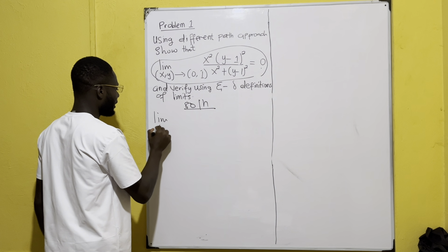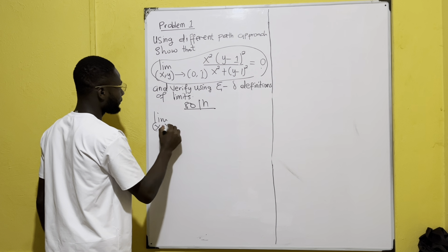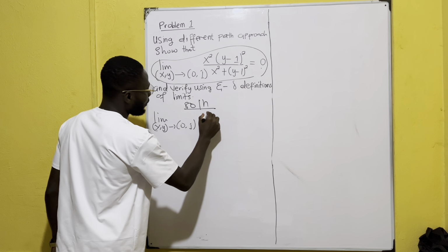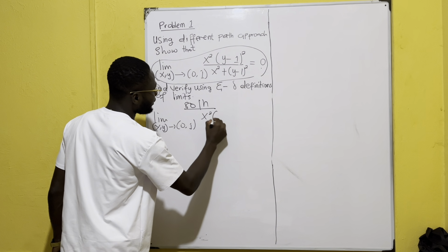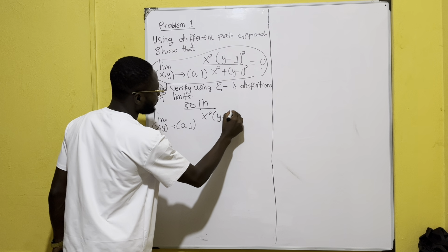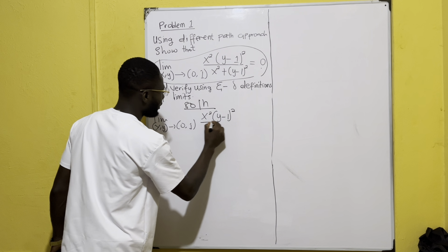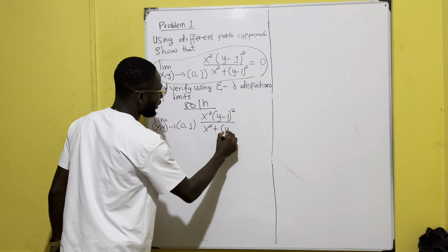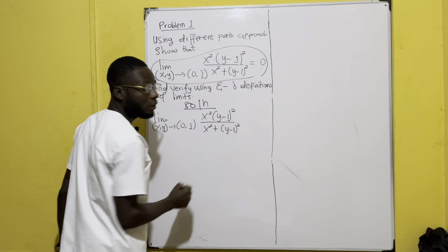The limit as (x, y) approaches (0, 1) of x squared times (y minus 1) all squared, divided by x squared plus (y minus 1) all squared.